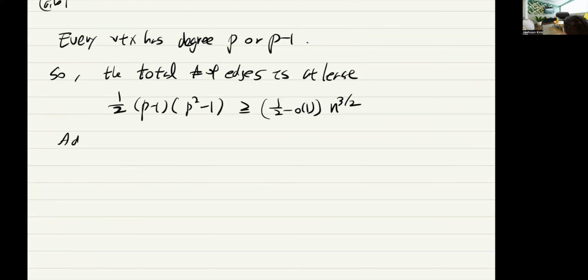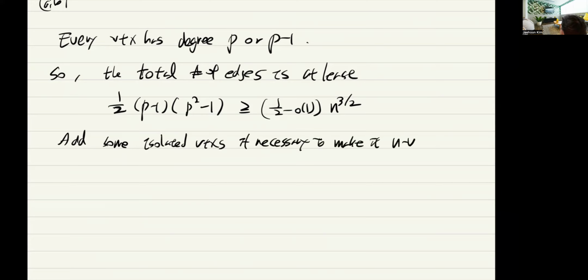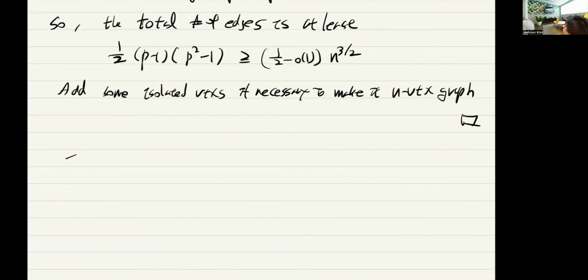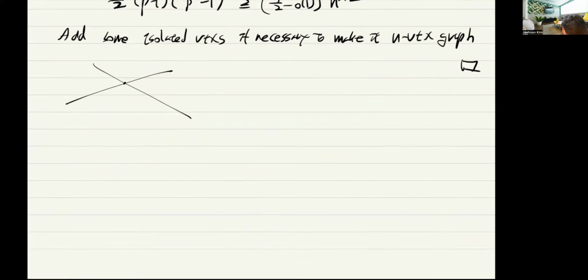Then we add some isolated vertices if necessary to make it an n-vertex graph. Then this gives us what we want. Here we used that if you have two lines, the intersection has size at most one.